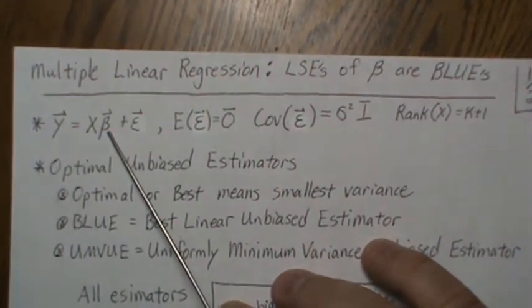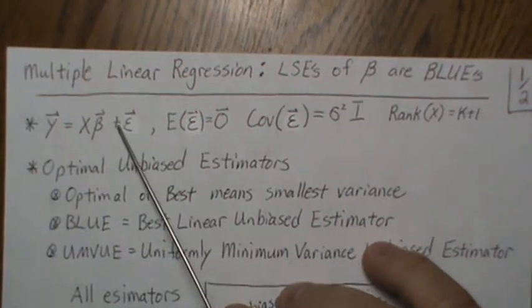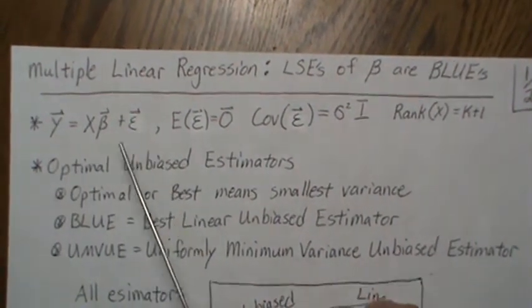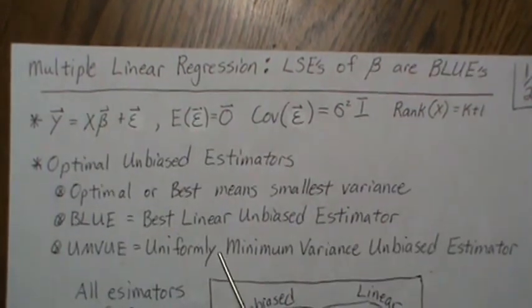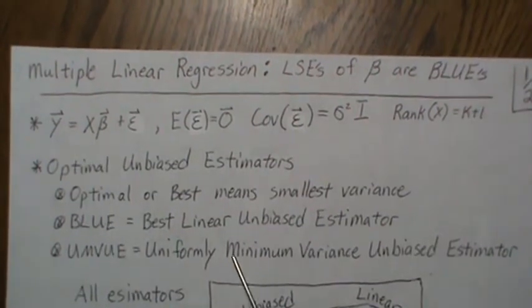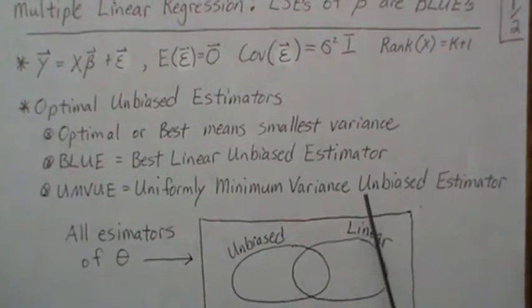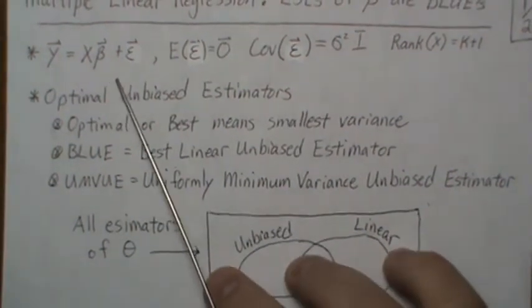Now when we get into design of experiments, the model looks exactly like this, generically, but the design matrix is not full column rank. Then estimability plays a huge part in what we do.